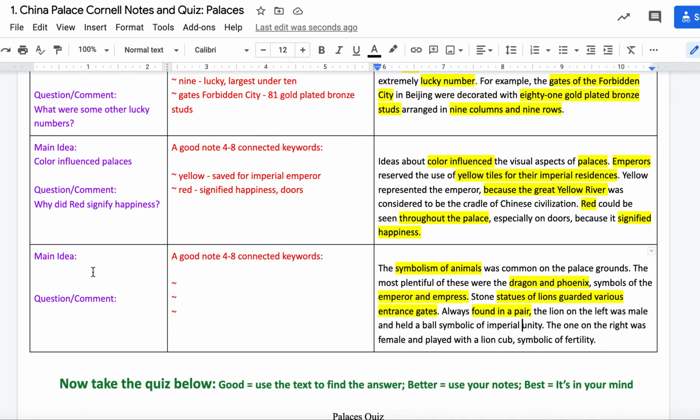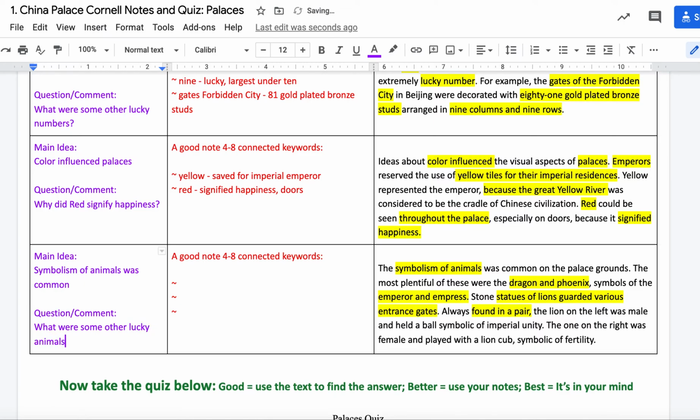Okay, so I say our main idea is symbolism of animals was common. And a question comment is, what were some other lucky animals? All right, and let's say our notes are going to be that the dragon was a symbol of the emperor.